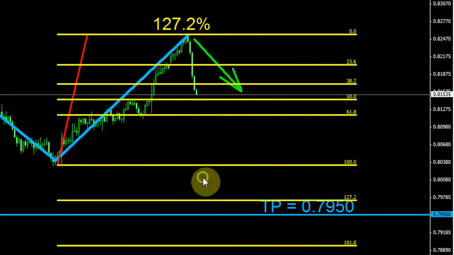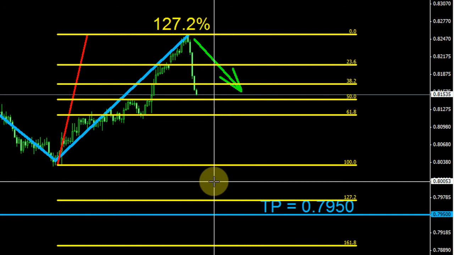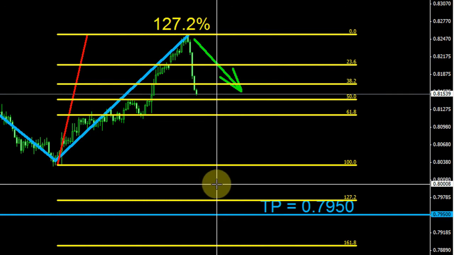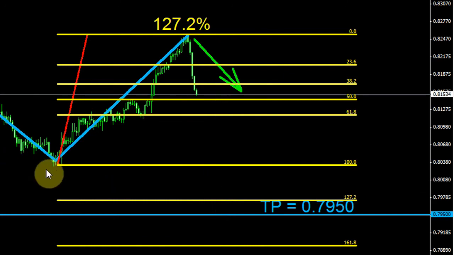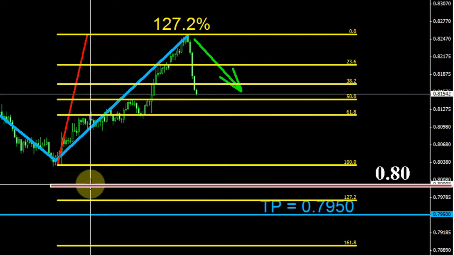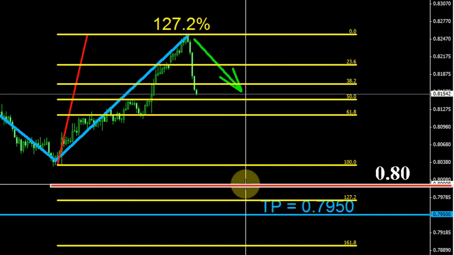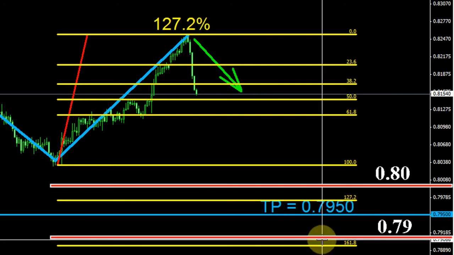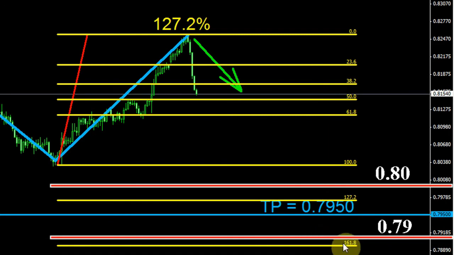But in our case, we have a very strong support level, 0.80, which the price has not been able to surpass two times already. So it is quite a strong bet that we will go through this level, and that's strong enough already. That's why I wanted to set the take profit a bit closer, a bit higher up, because there's another level over here, 0.79, which just happens to be on the 161.8 line, or just above it.